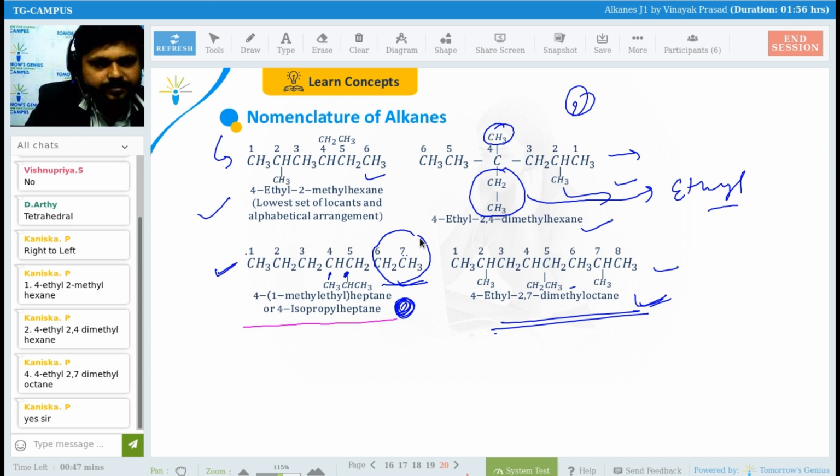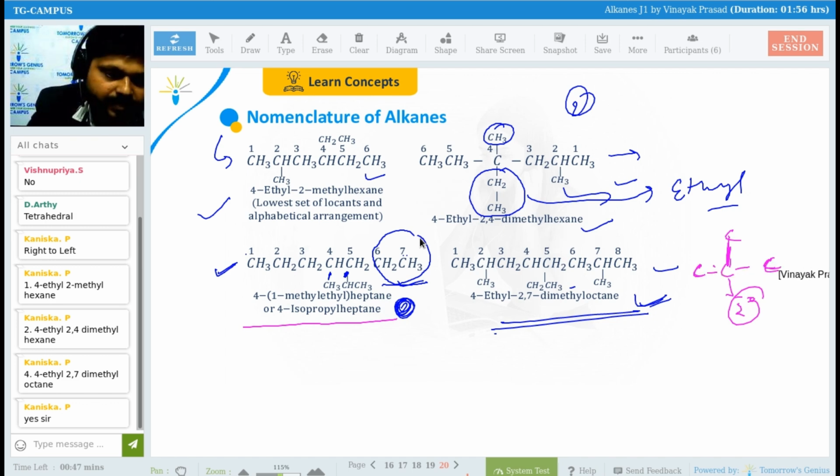Is it okay? At fourth position, a carbon that is attached with what? Like this. Is it okay? And this is what? 2 degree carbon. 2 degree carbon means what? See, this carbon, is it 2 degree carbon or 3 degree carbon?